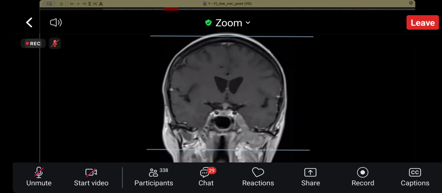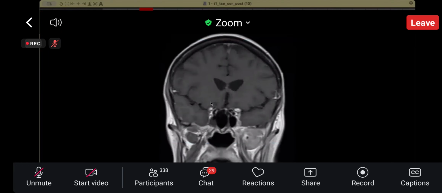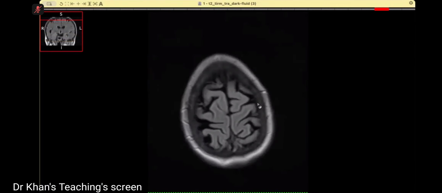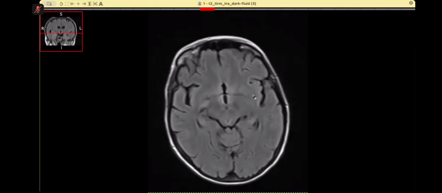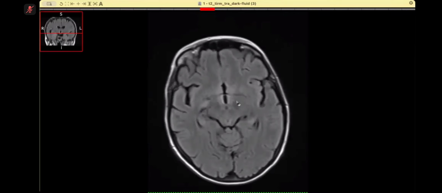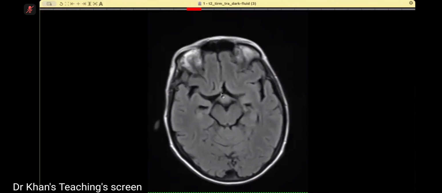Initially, I showed you a FLAIR sequence. On FLAIR, the key finding, which was well picked up by the candidate, is that this is the midbrain. Anterior to the midbrain, this is the suprasellar cistern. This is extra tissue sitting there. Something is wrong.